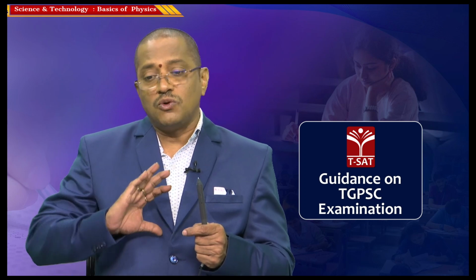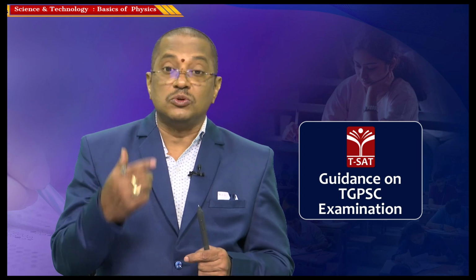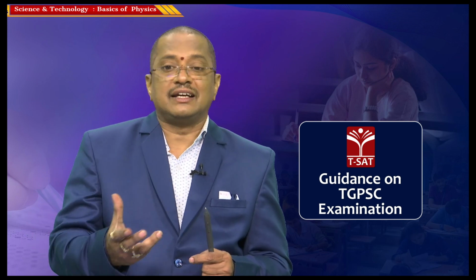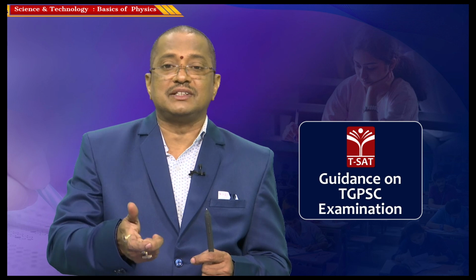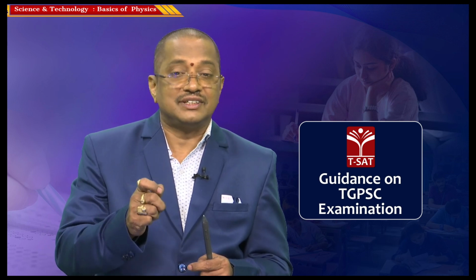So, when you overcome the frictional force, only then can the chair move. You have to provide a force more than the frictional force existing between the chair and the ground. That is very, very important.